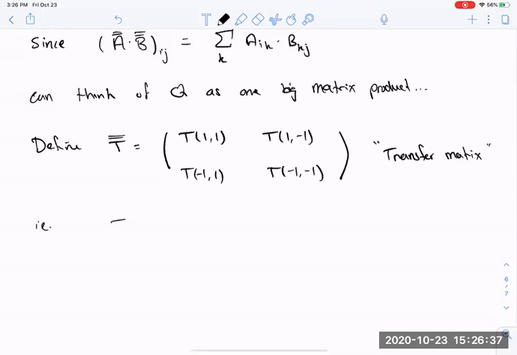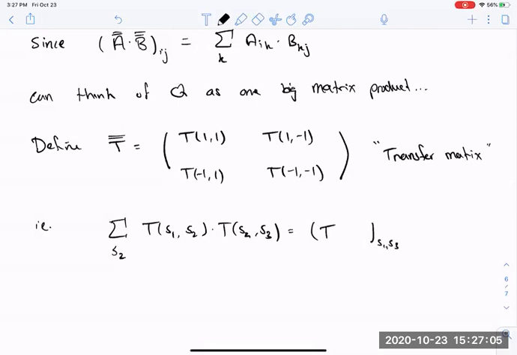This is abundantly a representation of the partition function, because if I sum over S2 the T function of S1, S2 times the T function of S2, S3, that is the S1, S3 element of the product of these two transfer matrices.